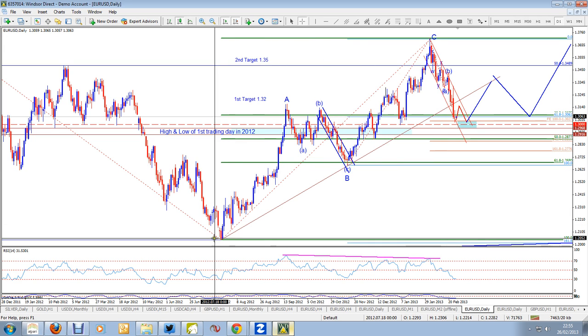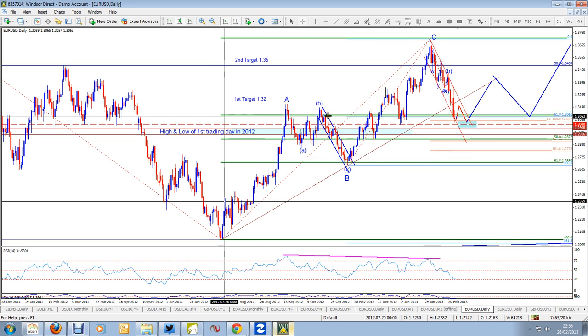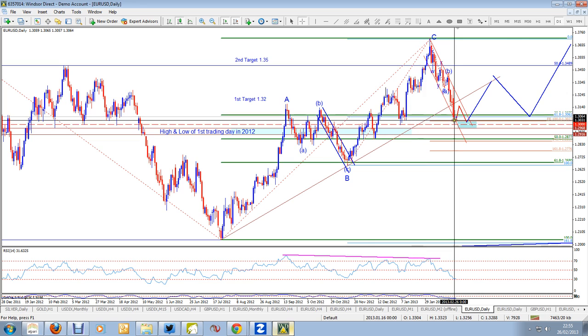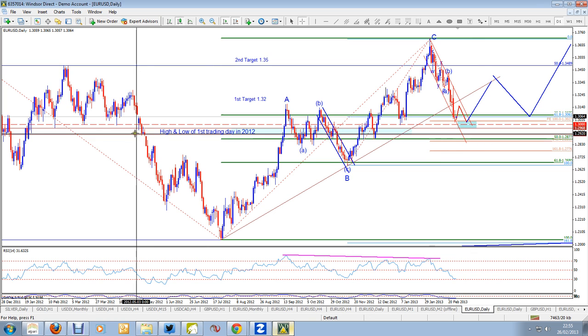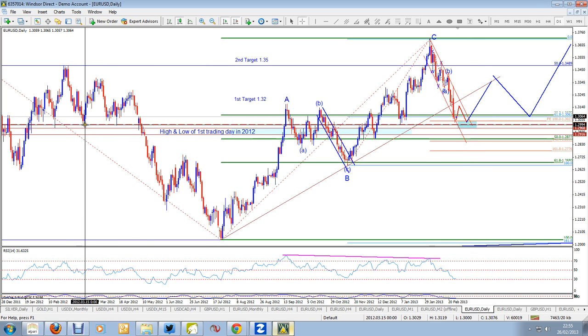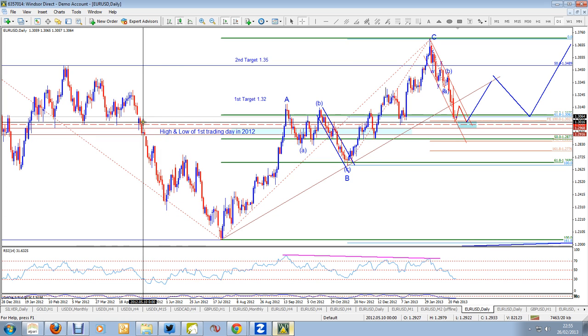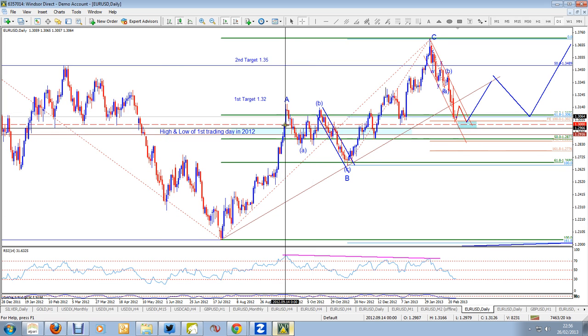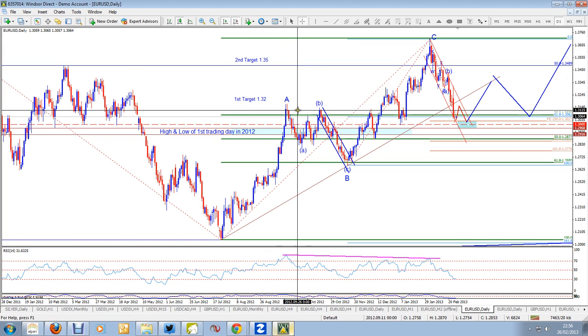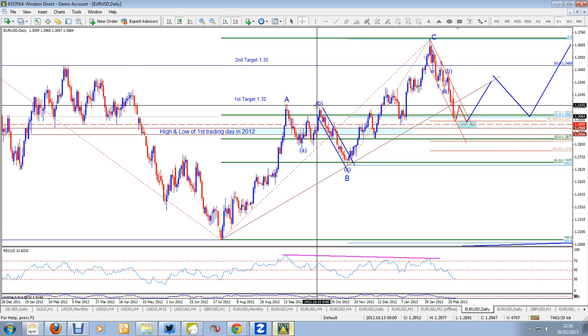So if we put a Fibonacci on this entire leg up, it looks like we've bumped into the 38% retracement, and horizontally this area here was a support back in February of 2012. The market fell back once it broke below it, came back into the area, and whilst we don't have an exact line, it found resistance in that area.